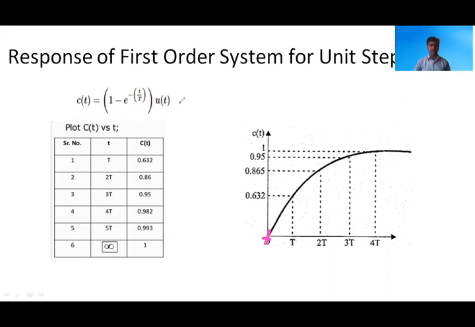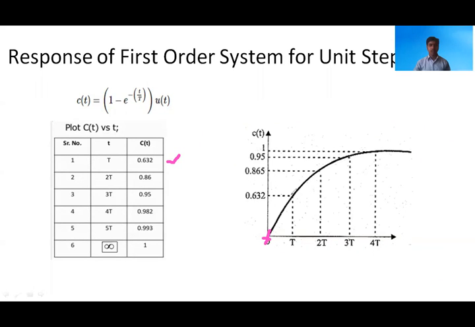When t is equal to capital T, if you substitute, t by T will become 1. So e power minus 1 is equal to 0.36 something you will get. Then 1 minus 0.36 will become 0.632.